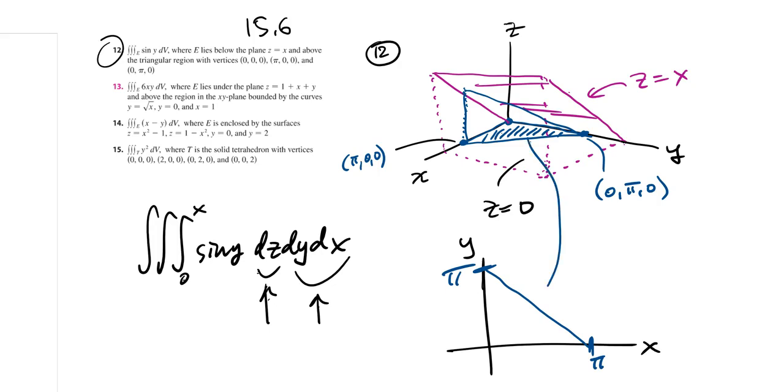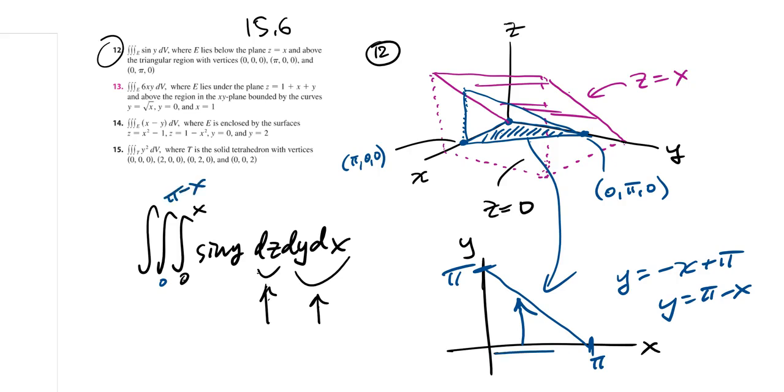It's this line right here. So that's the line y equals negative x plus pi, or y equals pi minus x. So y goes between 0 and pi minus x. And then x will go from 0 to pi.